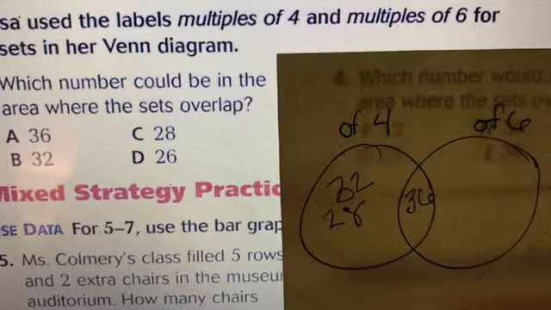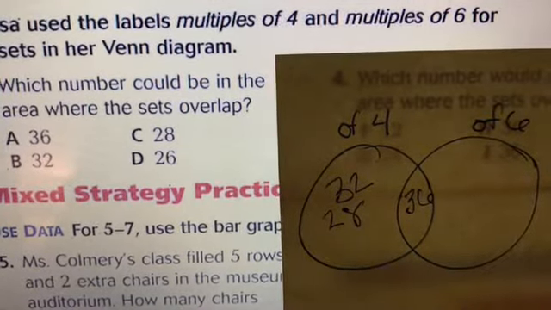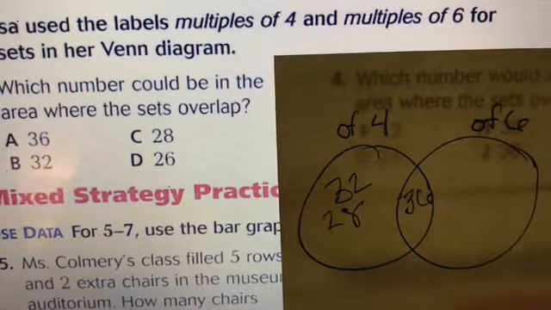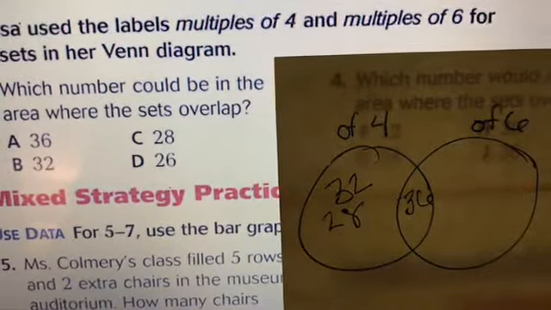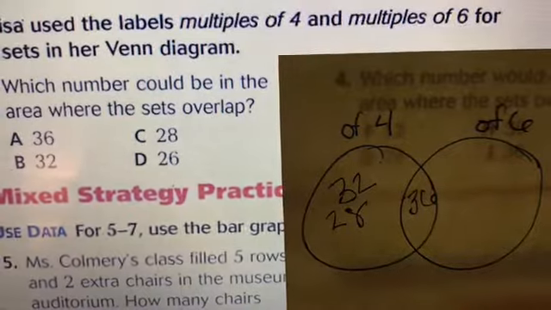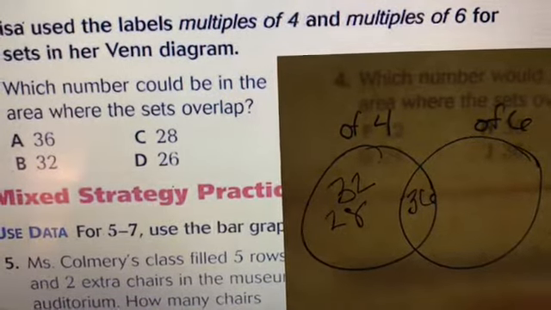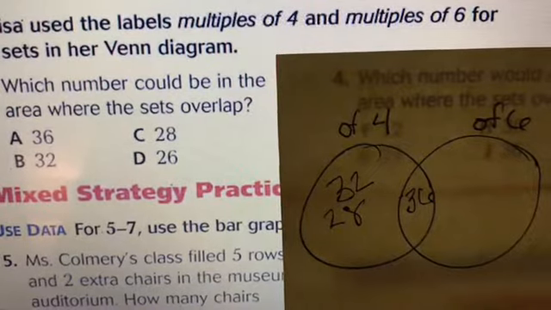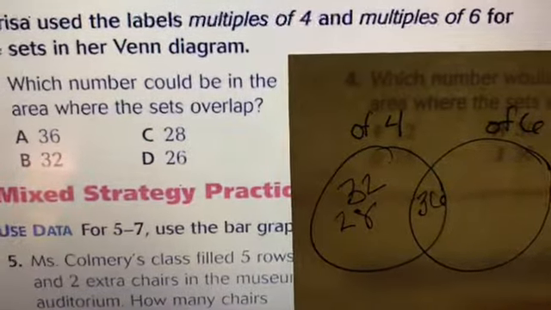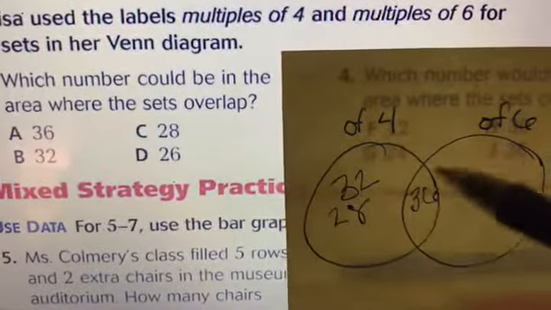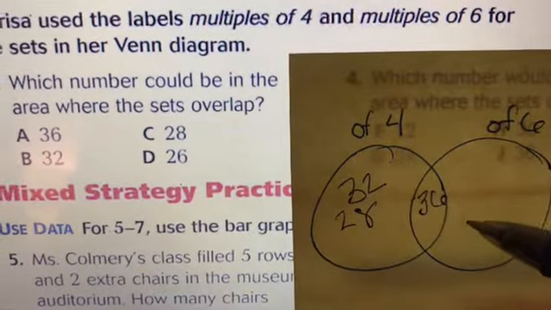Well, 6 times 5 is 30. So 6 times 4 is 24. 26 doesn't belong anywhere, does it? So we're not even going to write that one on our Venn diagram. But our answer is A, 36, because that's our only number that overlaps in both.